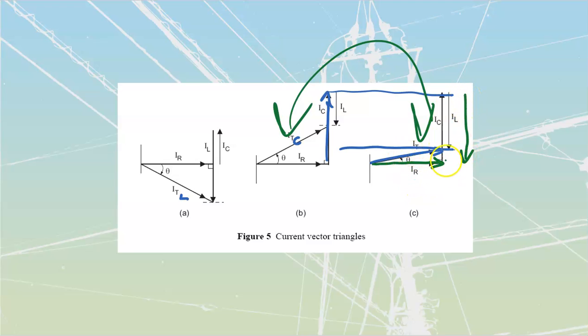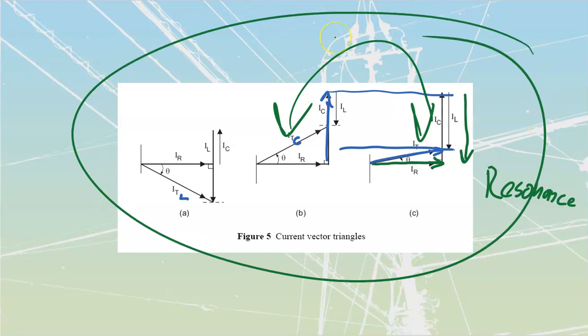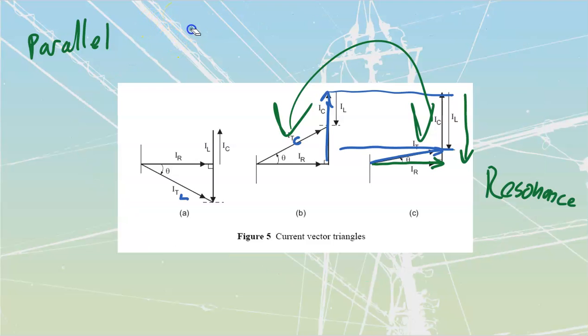You should recognize that at that point, where you've got the same amount of capacitive current as inductive current, you would be at resonance. We've talked about this before, where they are going to be equal and in opposite directions. The big difference is that when we are dealing with a parallel circuit that is going to be in resonance, inside of a parallel circuit, my IT is going to be at a minimum.